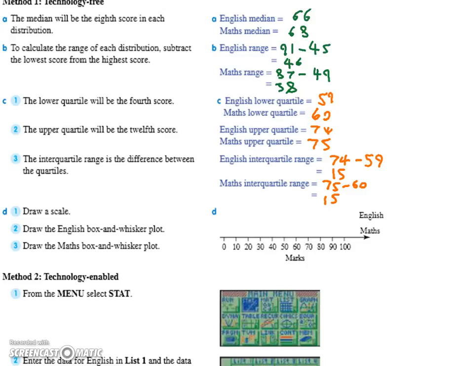What don't you have? The other two bits. Lower extreme and upper extreme. Excellent. So what's your maths lower extreme? Lower score for maths. 45. We've actually already got it written on here. So it goes from 45. So maths, put a dot.